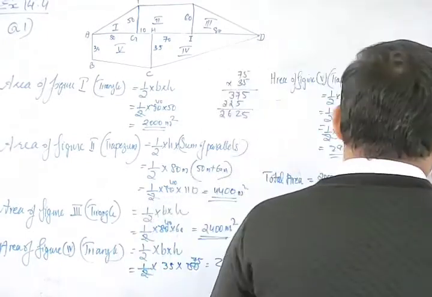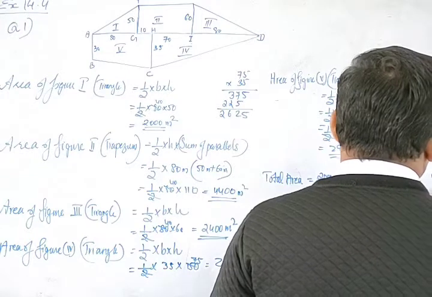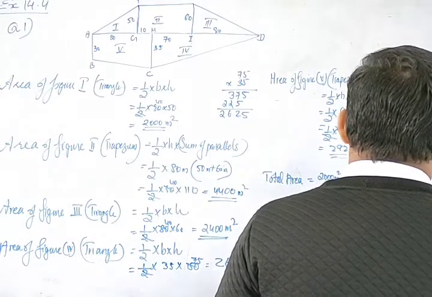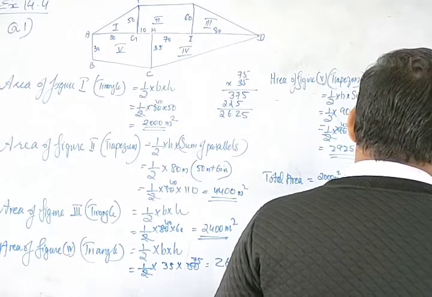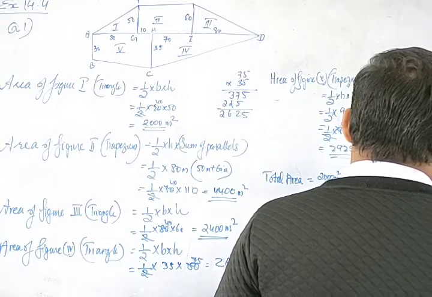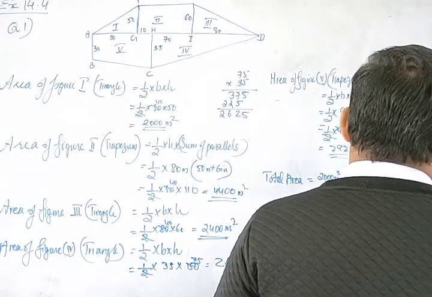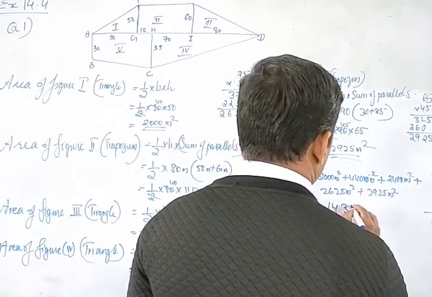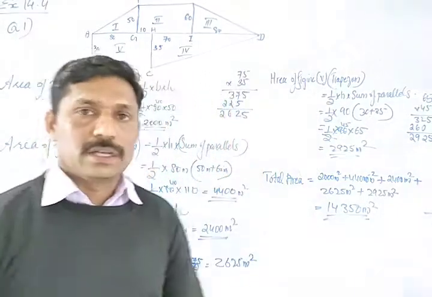So we add together 2000 plus 4400 plus 2400 plus 2625 plus 2925. So 14,350 meters square is the area of this figure.